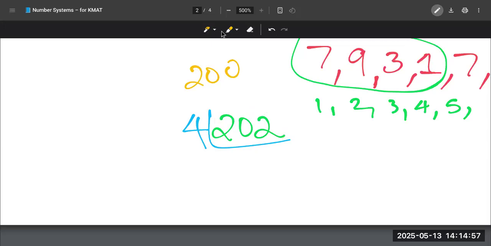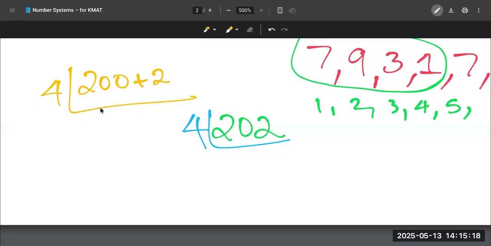Any number that has two zeros is divisible by 4. Because 200 is divisible by 4, 200 plus 2 is not divisible by 4. 2 would be the remainder.